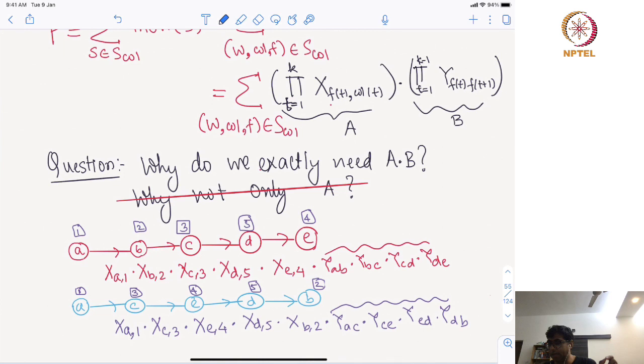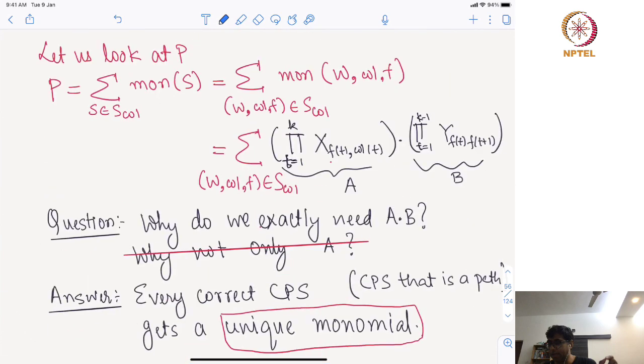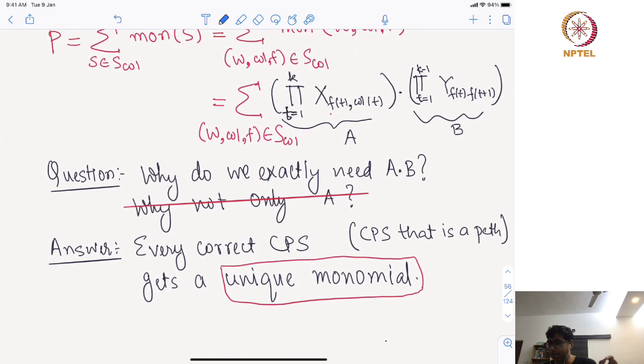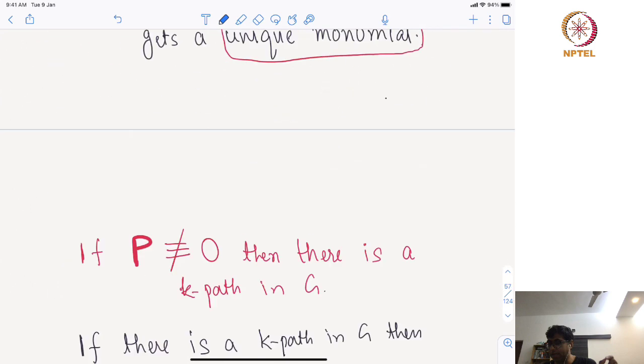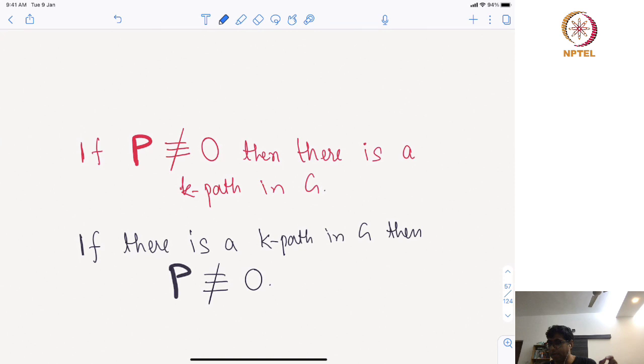So you can never cancel them out, which implies that every correct colorful path gets a unique monomial. So now what we have shown is that if P is not identically 0, then there is a K path in G, and if there is a K path in G, then P is not identically 0.